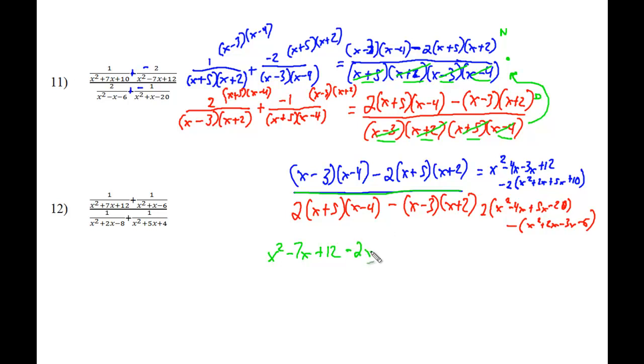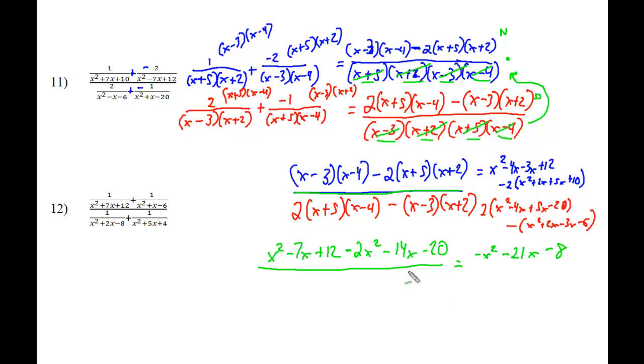Negative 2x squared. 2 and 5 makes 7, so that would be negative 14x. 10 and negative 2 make negative 20. So that is my numerator from the blue. I can then simplify that even further by going negative x squared, because I have the x squared and the negative 2x squared, negative 21x, and then 12 and negative 20 is going to be negative 8.